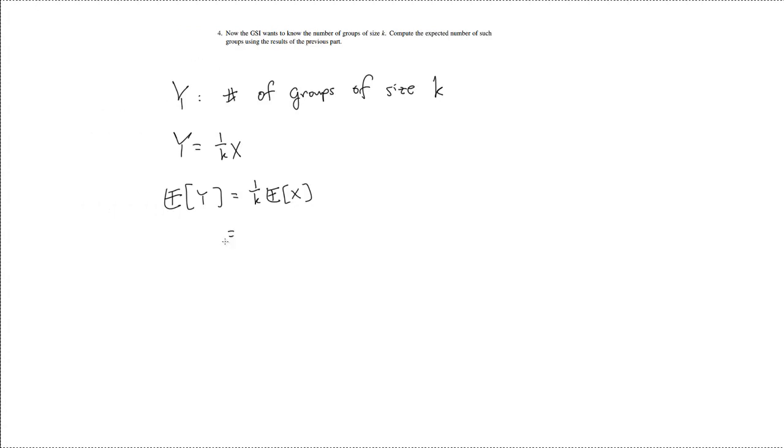And from the previous part, we computed that the expectation of X is just 1. So therefore, the expectation of Y is just 1 over k.